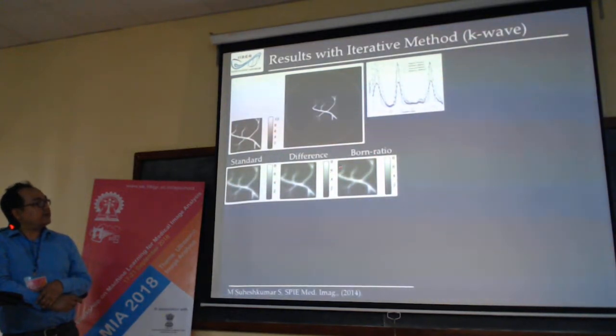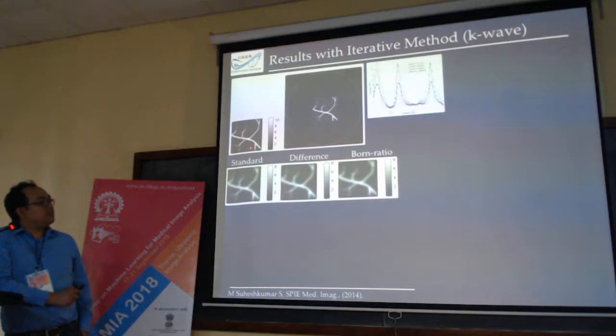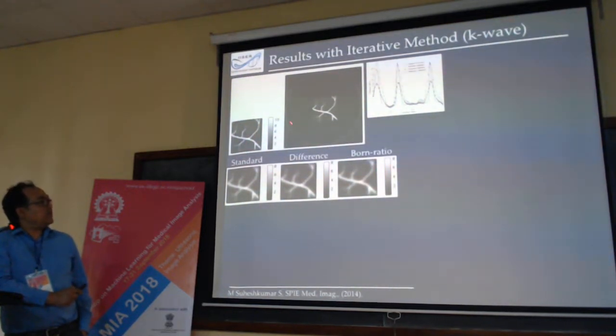However, I am showing the simulation results that we have carried out. We assume that this is a sample of interest, a target of interest. Then we keep it inside a background sample, considered as water, and then we keep an array of detectors, and then we use k-Wave, which is open source, and do the reconstruction.